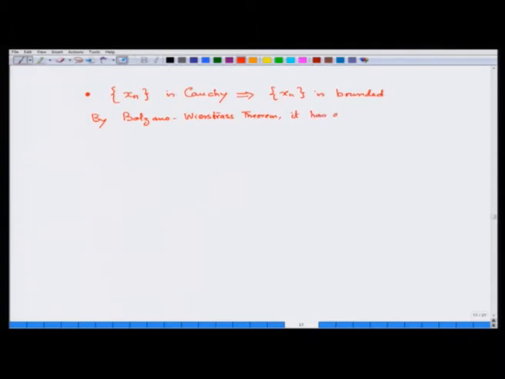It has a convergent subsequence. You could denote it by X_nr, or X_nk if you want. So let X_nr be such a subsequence. What happens?